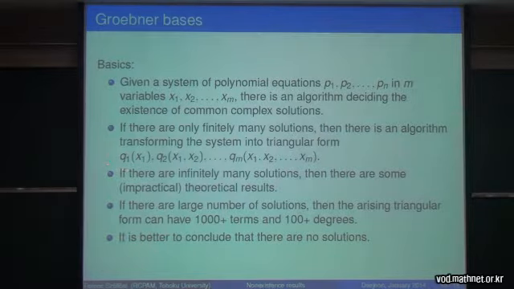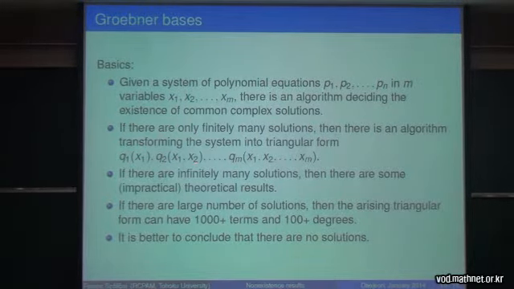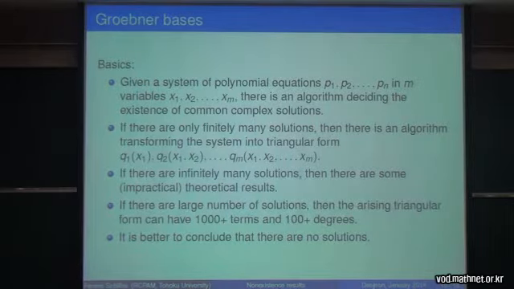Okay, and the common roots of these are precisely the solutions of the original system. So you just solve the first polynomial and figure out what the values of x1 can be, then plug it into the second one, and then it's just a polynomial in x2, so you can solve it for x2, and then you plug in for the next one, and the next one, so you can recover all the solutions, so you can get a complete understanding of the system.